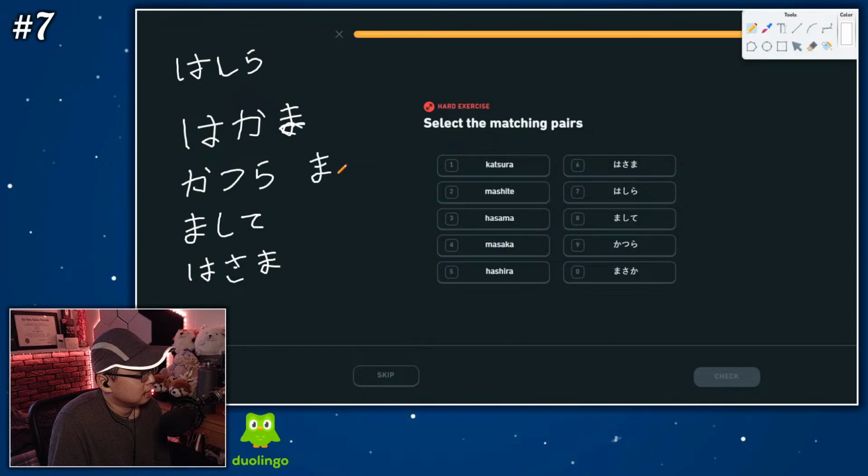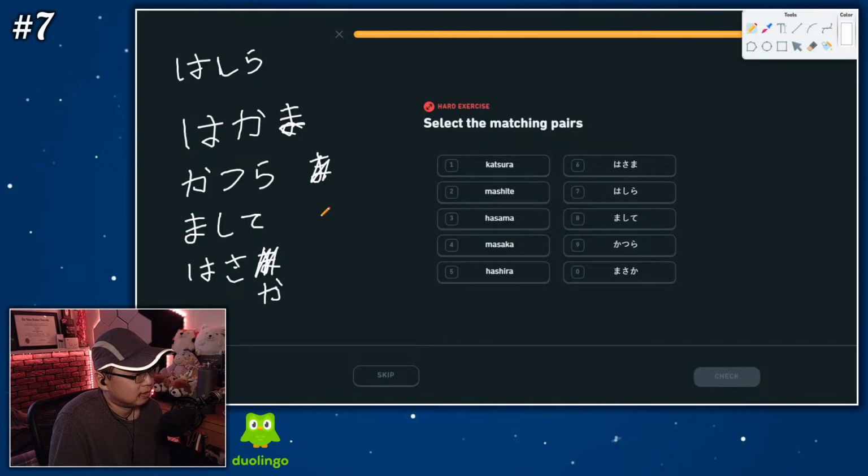Oh, wait. Oh, whoops. This is supposed to be Masaka. My eyes darted up to Hasama. So this is supposed to be Masaka. I actually wrote masama. That's fair. Let's see.